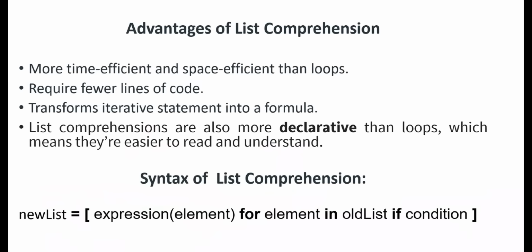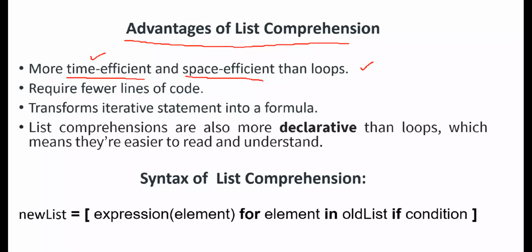The main advantages of list comprehension are: one, it is more time efficient and space efficient than the loop. When compared to loops, time complexity is good, and space complexity is good.